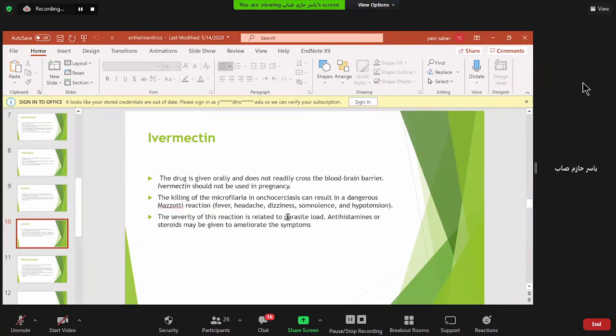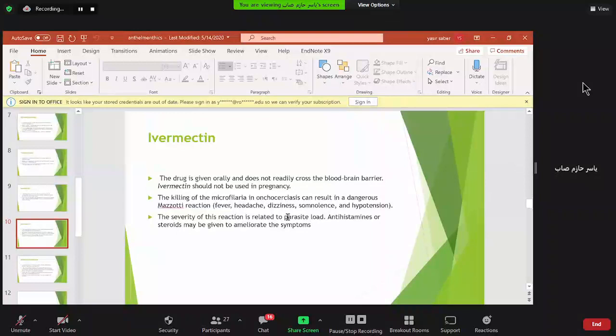The severity of this reaction is related to the parasite load. فمعناتها أيش قد يكون الانفكشن severe infection، أيش قد يكون الرياكشن يكون very severe. فعادة antihistamine and steroid may be given to ameliorate these symptoms، لأن هاي عبارة عن، خلينا نقول، immune reaction نتيجة ال presence of foreign body in our tissue. فلما يصير lysis لهاي الباراسايتس تبدأ تتحرر اللايسوزومز، تتحرر كثير من البروتينات اللي stimulate our immune system.